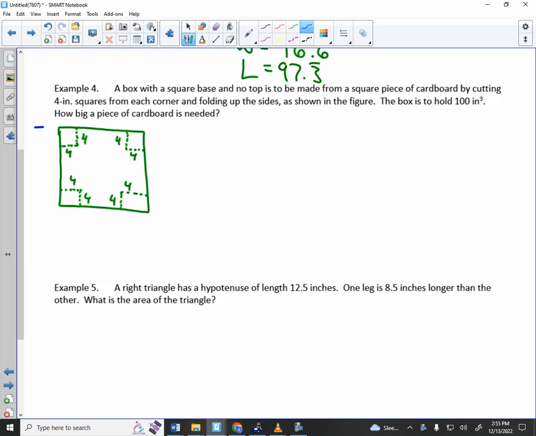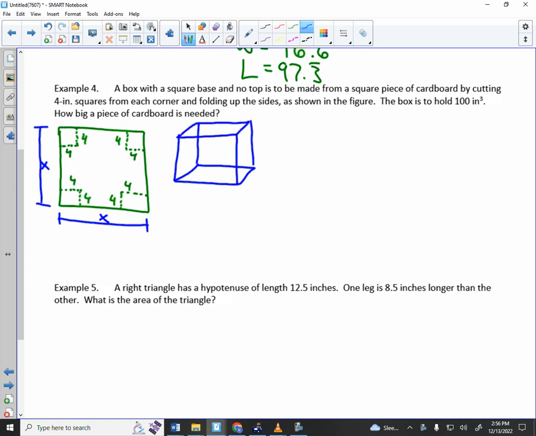So suppose that this piece of cardboard has a dimension of x, and then this also has a dimension of x because it says it makes a square base. So if I draw the box that it actually makes, I know you're going to be really impressed by my drawing here. I've got a box.